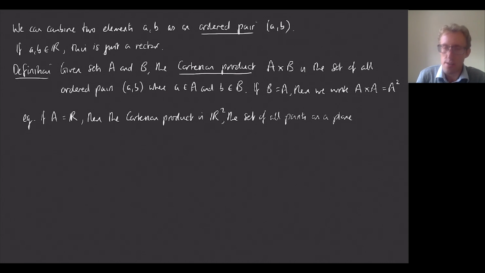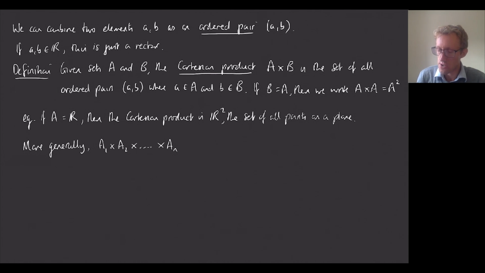And you can describe the position of those points with a vector, which is the ordered pair in that case. And more generally, you can combine more than two sets like this. So I will say, more generally, if we had n sets, let's call them A1, A2, up to An.